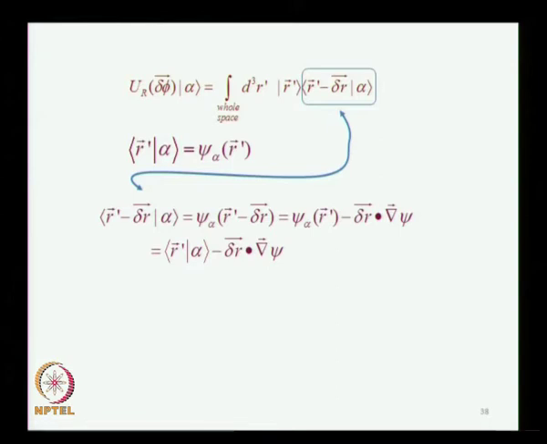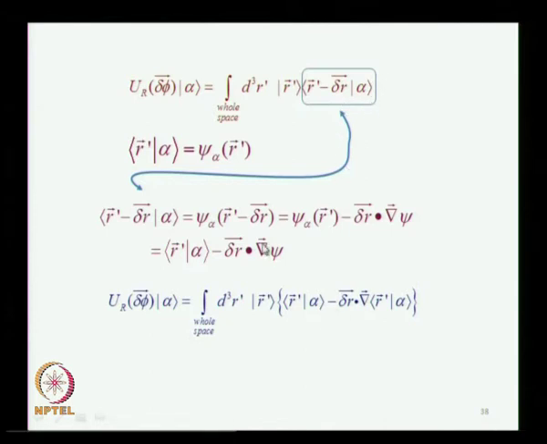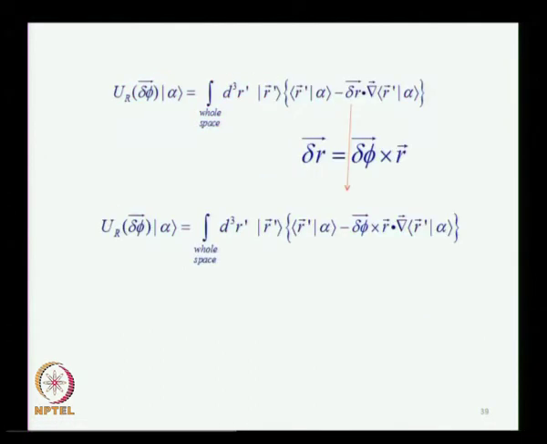And now you can write this expression, insert these two terms in the integrand over here. So let us do that. We have these two terms inserted in the integrand, and now you have two integrals to work with. So let us see what they turn out to be. These are the two integrals at the top, in which delta r I recognize as the cross product of delta phi with r.